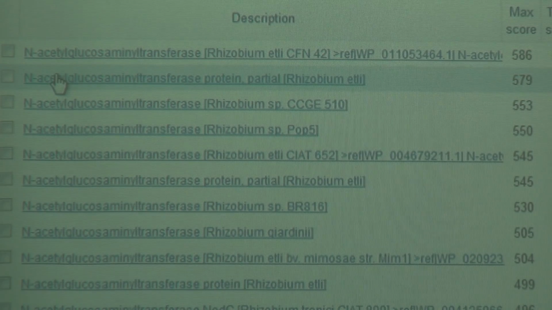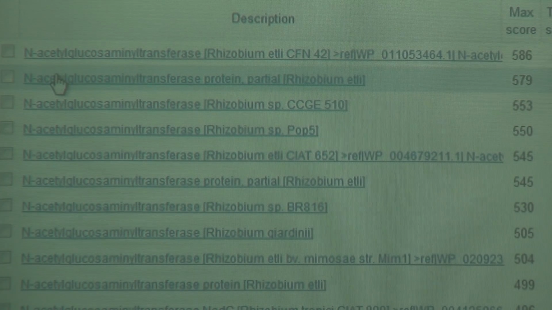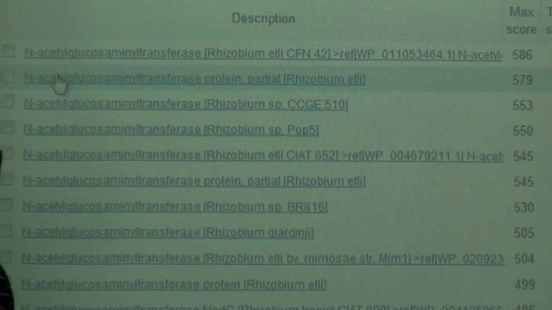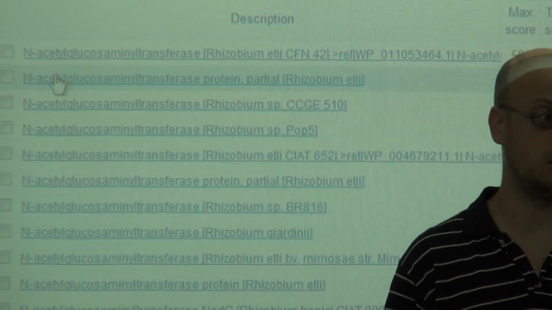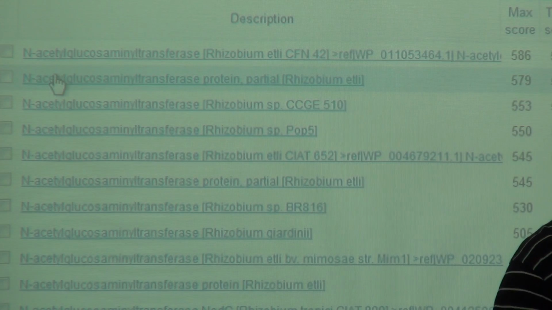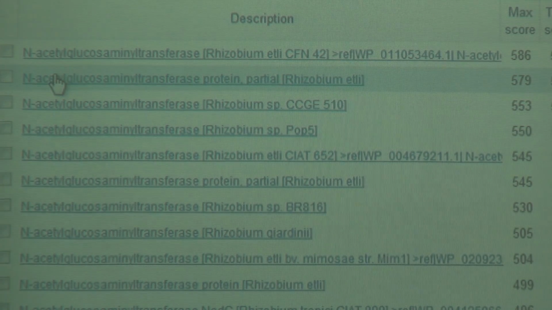And if our sequence is similar to all of these guys, and they are all N-acetyl glucosamine transferase, so it's very probable, almost certain, that our mystery protein is also N-acetyl glucosamine transferase.